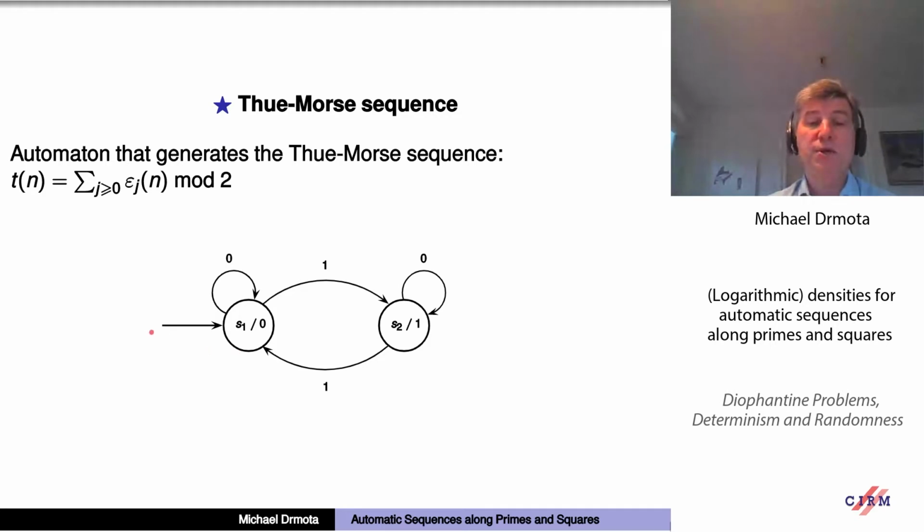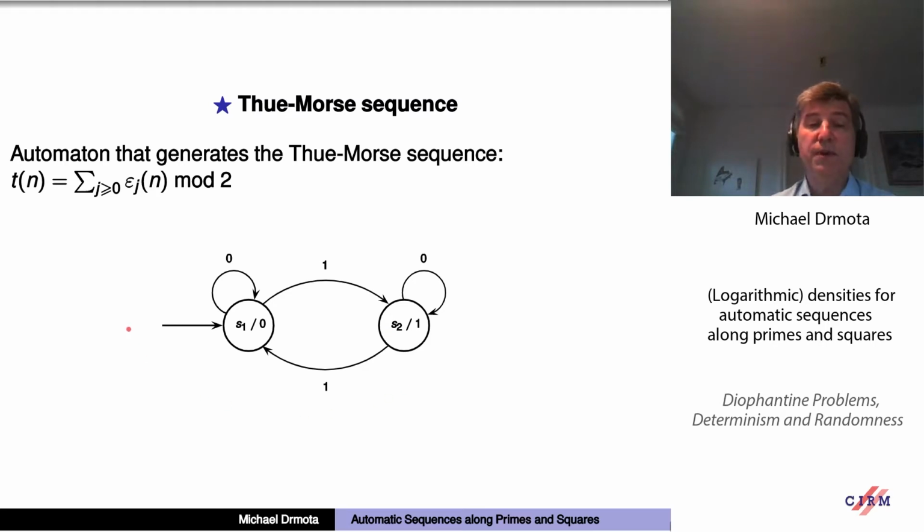Now what you're doing is that you're feeding this automaton with the binary expansion of n. Every time you see a 0, you stay, and every time you see a 1, you move to the other state, till you are done. Then you are in one of these 2 states, and depending where you are, you give an output 0 or 1. So this gives us the output sequence.